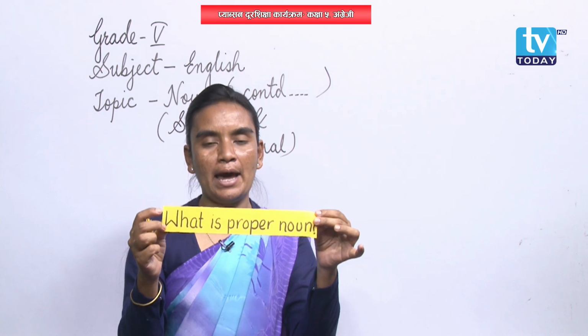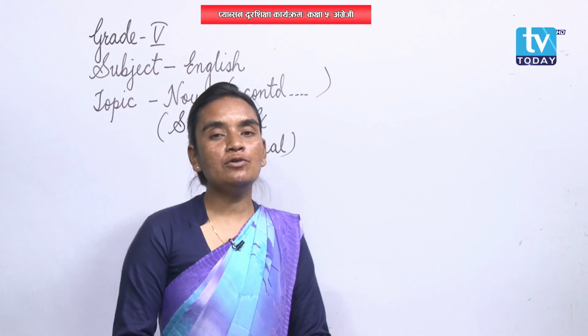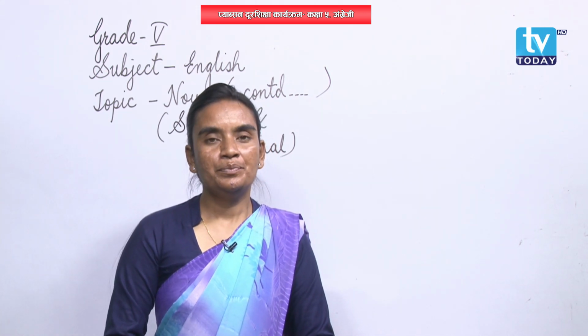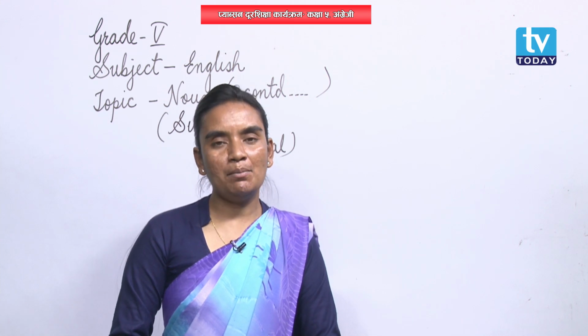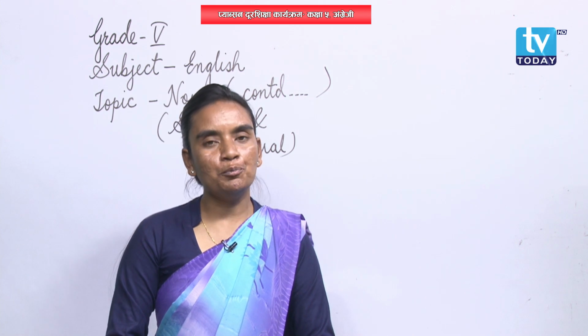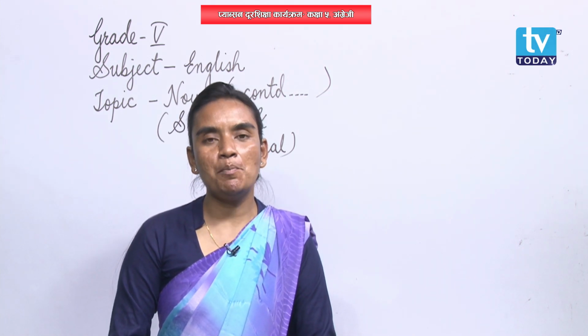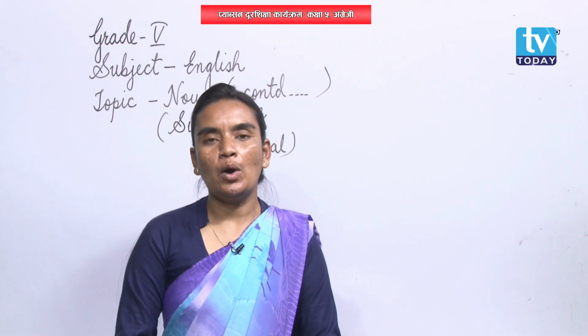That is called proper noun. So, dear children, proper noun comes along with some instances. They are Ram, name of the boy, Sam, name of the person, Gita, name of the girl or a woman, or Kathmandu, name of the cities of Nepal, and so on.